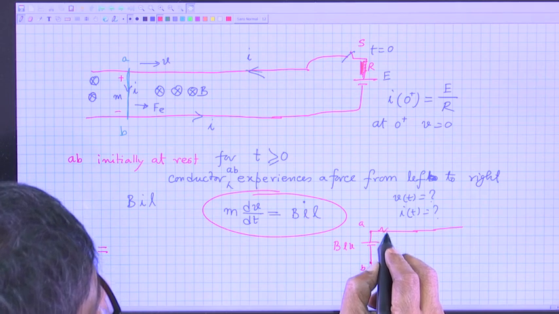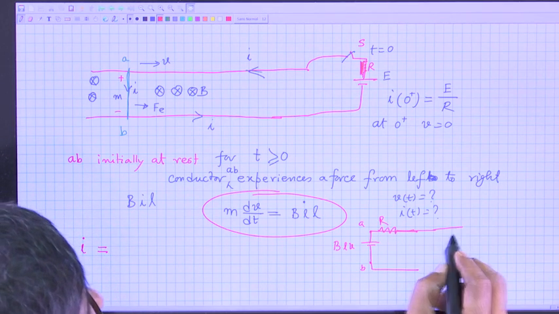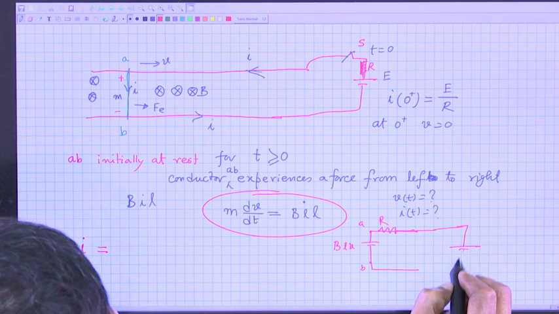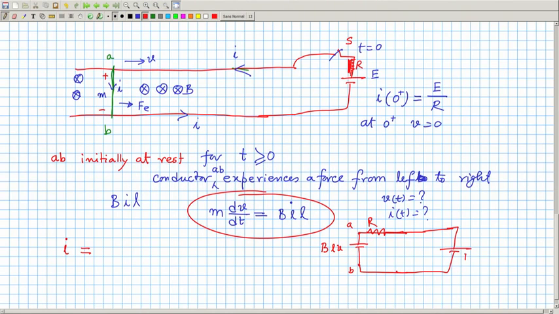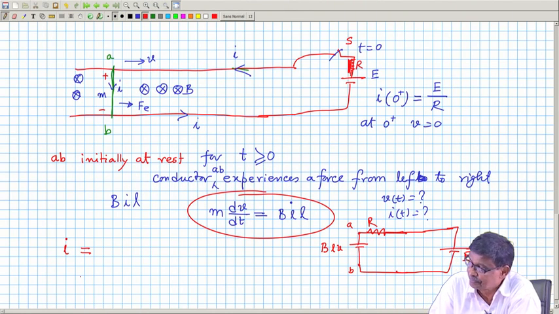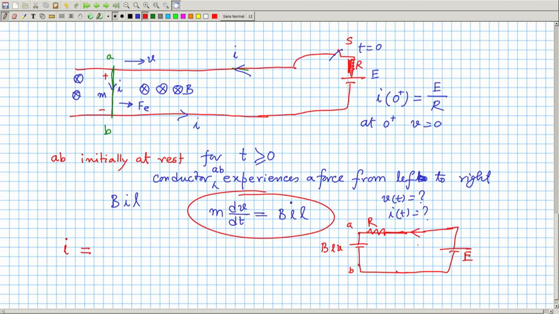So there is a resistance here and there is your battery voltage E, and the current direction is this. Therefore, I must say that the current is the battery voltage E minus this BLV, divided by R.